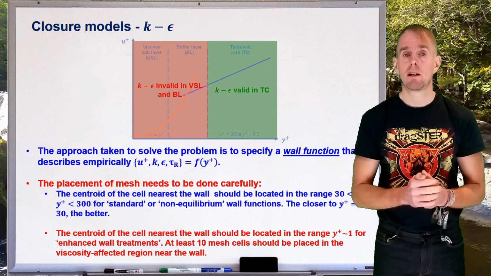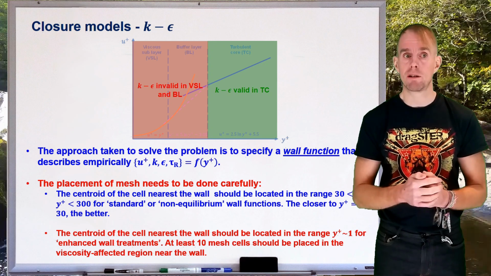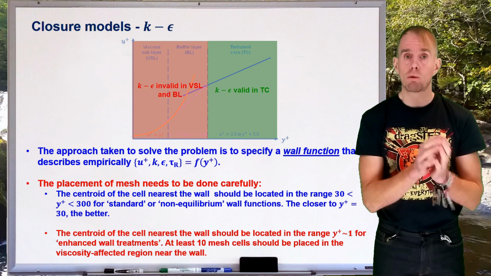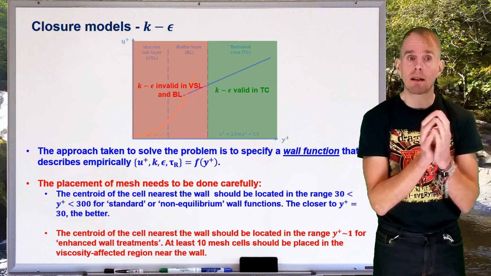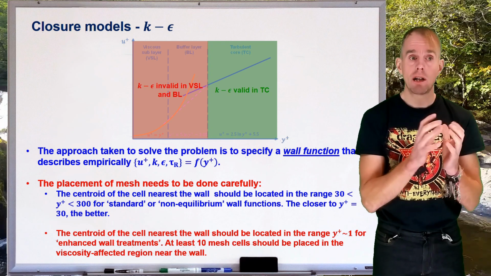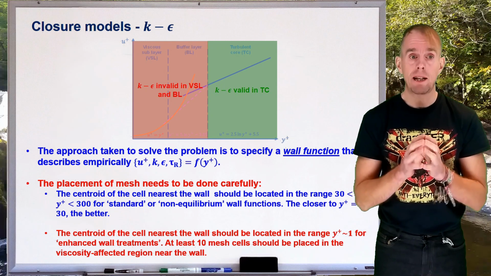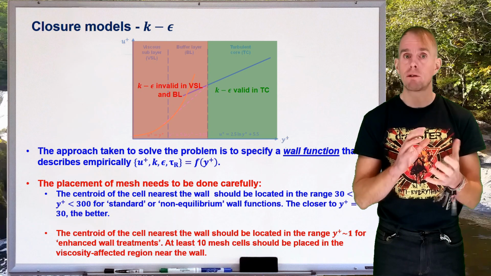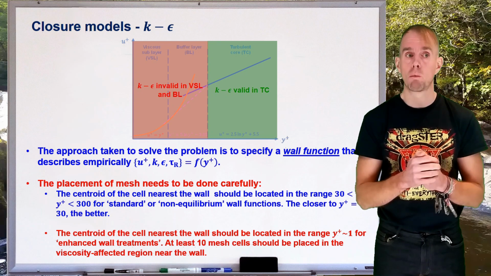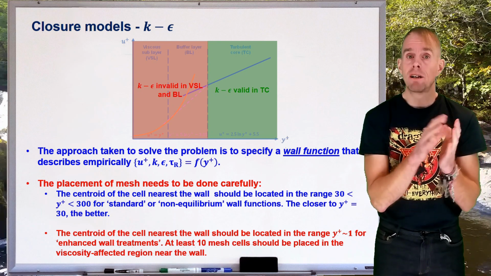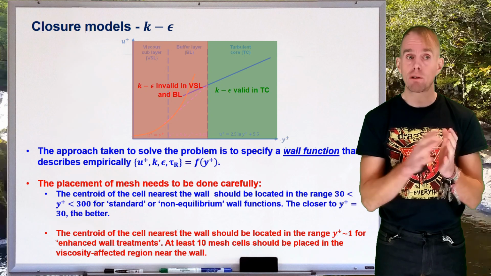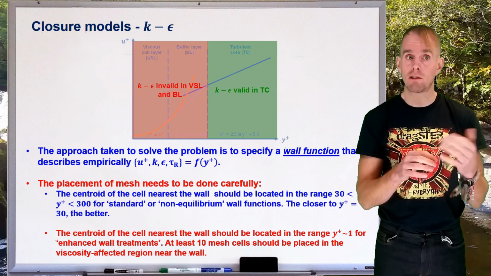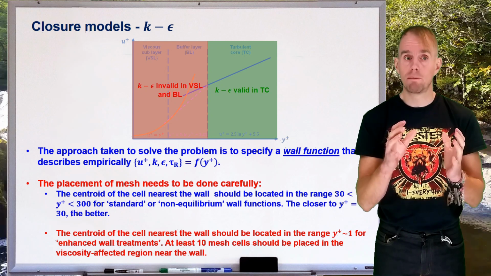There's another family of wall physics called enhanced wall treatments. Now, with enhanced wall treatments, you can take k-epsilon a little bit closer, and your mesh should therefore reflect that. And the centroid of the mesh cell nearest the wall should be around non-dimensional distance y plus is 1-ish. And you should try and put at least 10 mesh cells in the viscosity affected region, the viscous sublayer, near the wall.